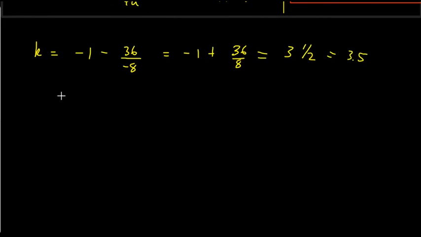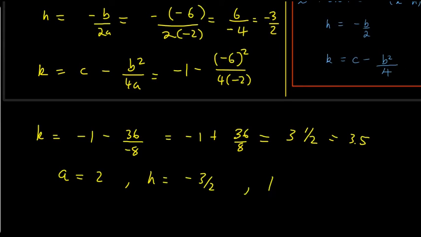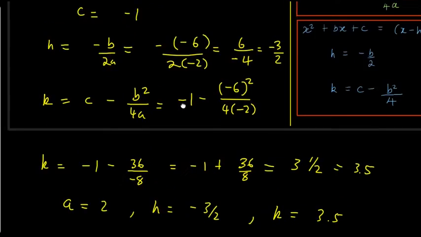Okay, so since we have found the values of h and k, we are now converting. So we have a, which is 2, then we have h, which is minus 3/2, and we have k, which is 3.5.